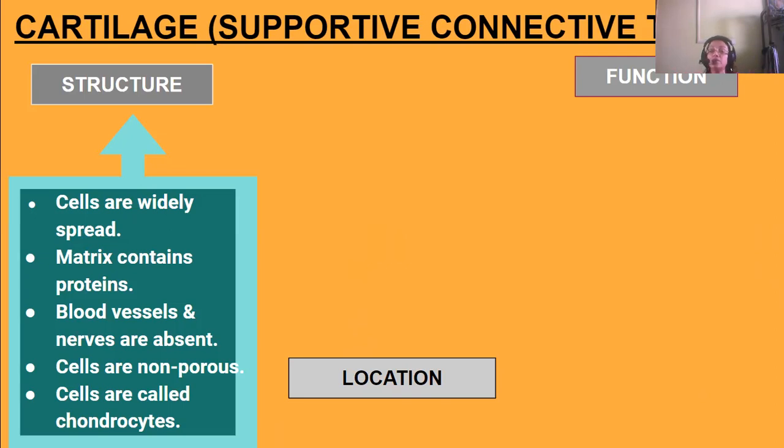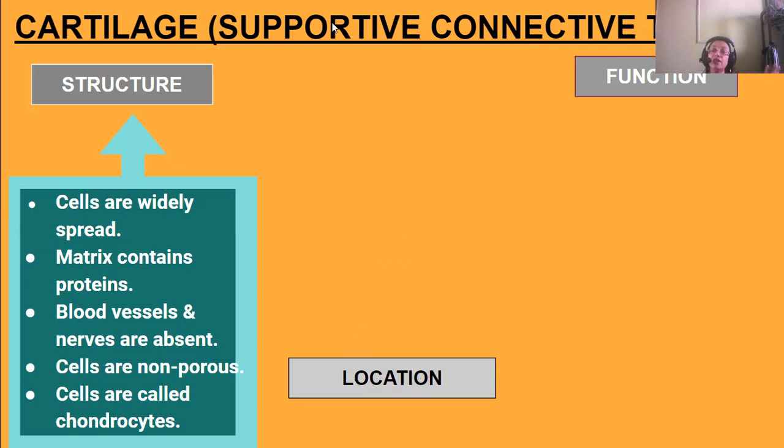Blood vessels and nerves are absent in the cartilage. The cells are non-porous, and the cartilage cells are known as chondrocytes, which are widely spread in the matrix. The matrix contains proteins, there are no blood vessels and nerves inside it, and the cells are non-porous.